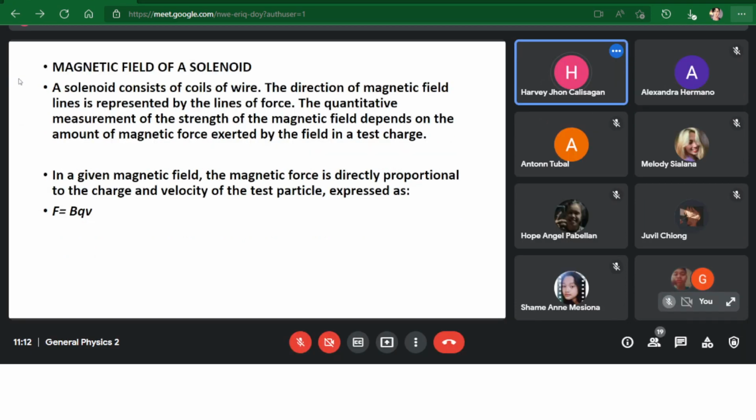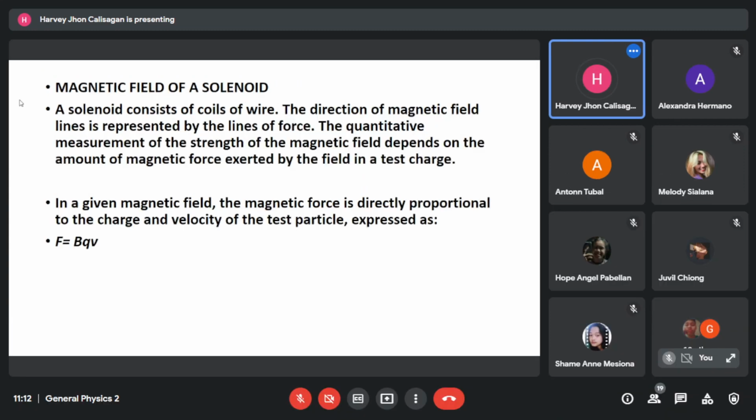As the force acts in the presence of this solenoid, which is your fingers, inside those fingers is the magnetic field.